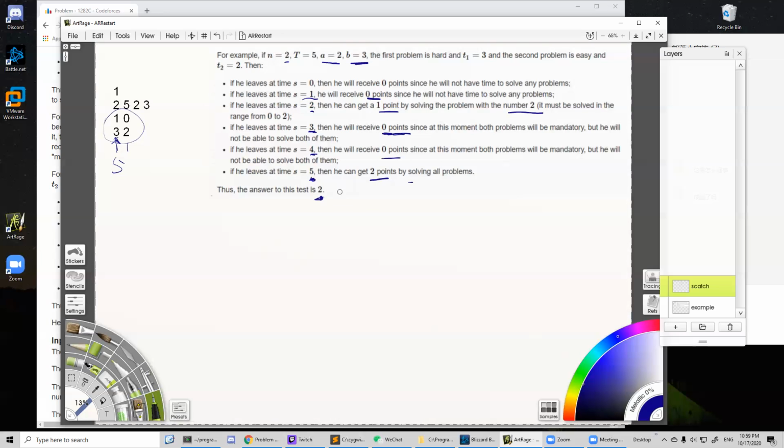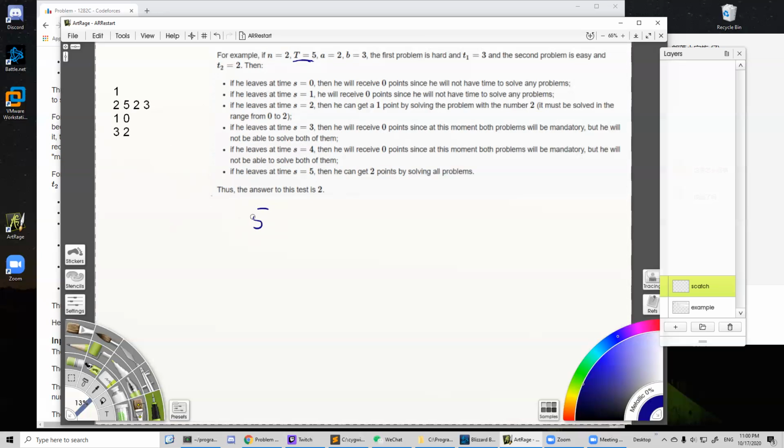So how are we going to solve this problem? One misinterpretation of this problem is that we can use time as long as possible, because the maximum time here is 5. So we can just use the maximum time and solve as many problems as possible.